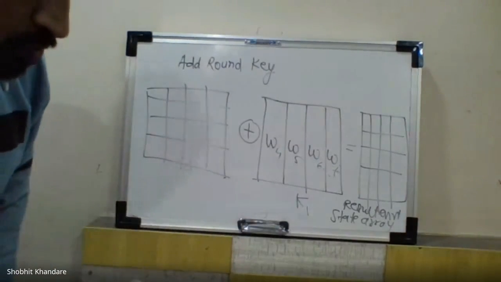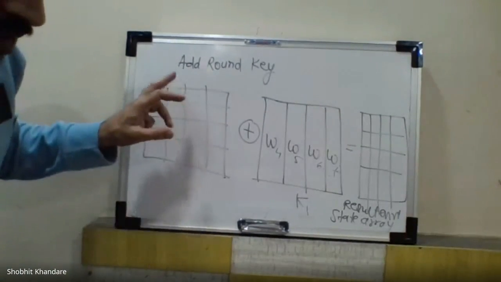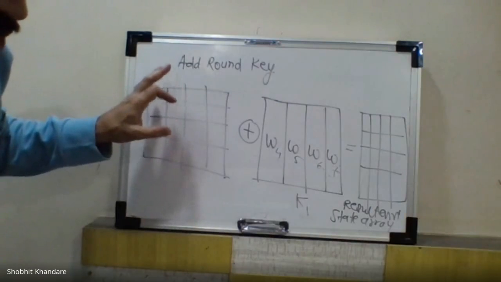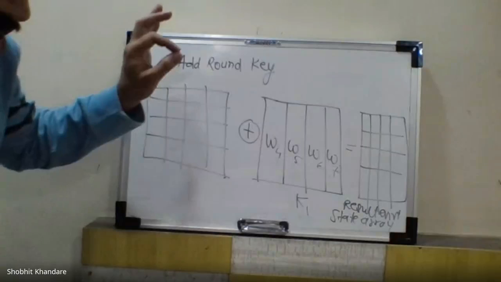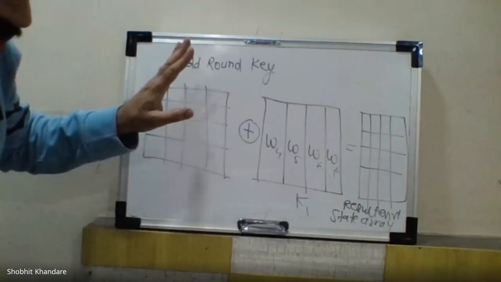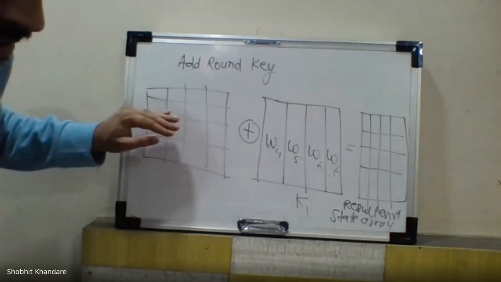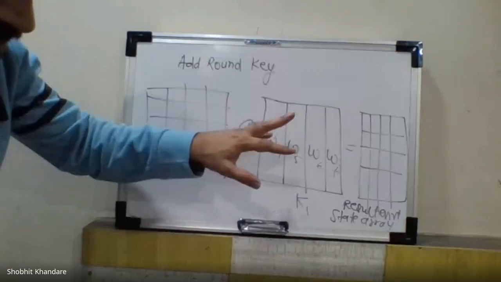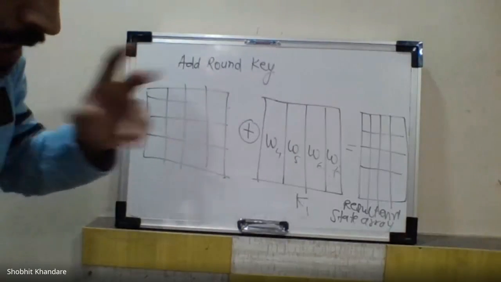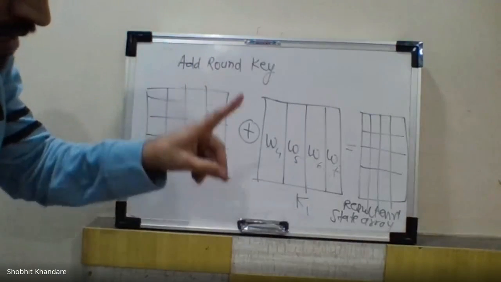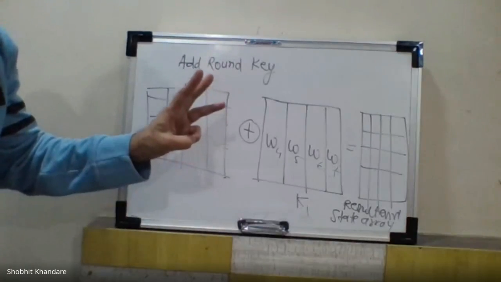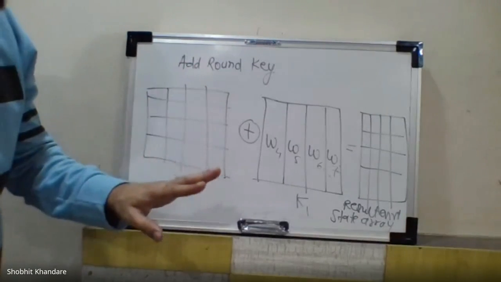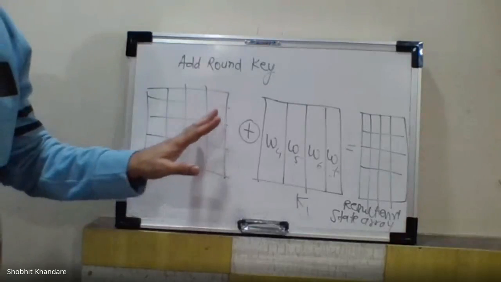I will take 2 more minutes now. As far as round 1, round 2, till round 9 is concerned, you have add round key with the corresponding key number. But I have told you for the 10th round, there are only 3 processes. There is no mixed column operation.